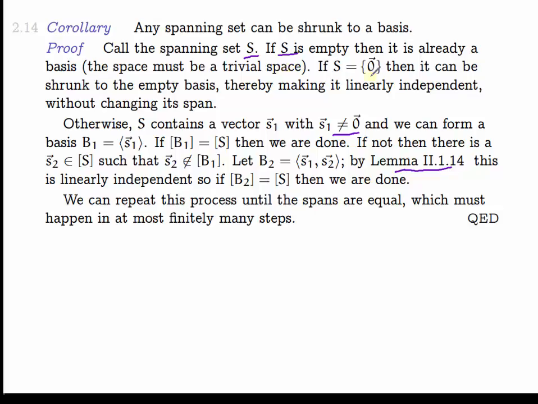If S is simply the single vector 0, then we can simply remove it and get the empty basis of the trivial set. Often we don't worry about this trivial case. Usually we just assume that S is a non-empty set that also has a non-zero vector. So let's begin with that case.